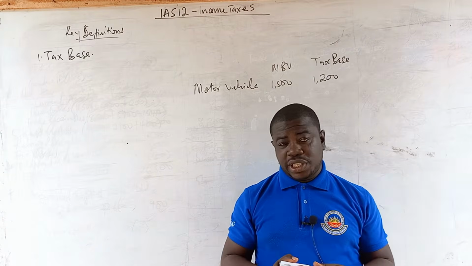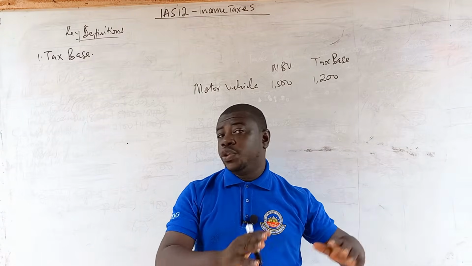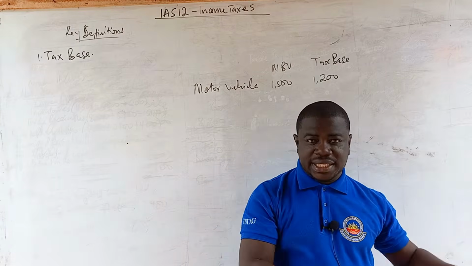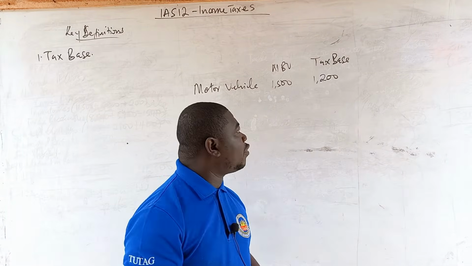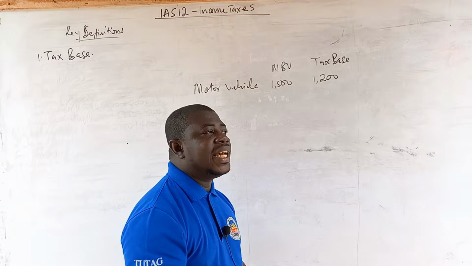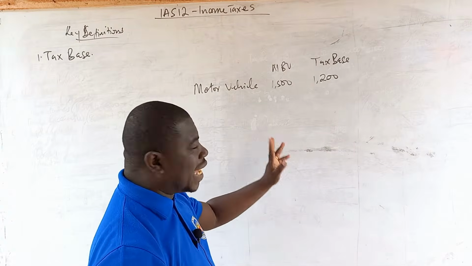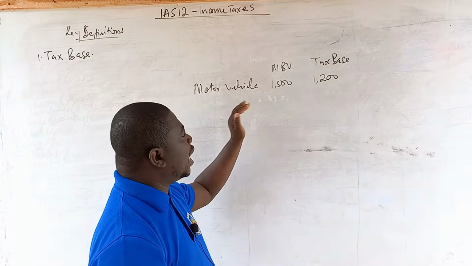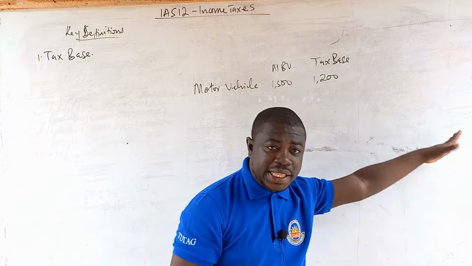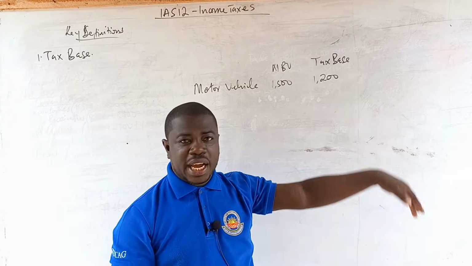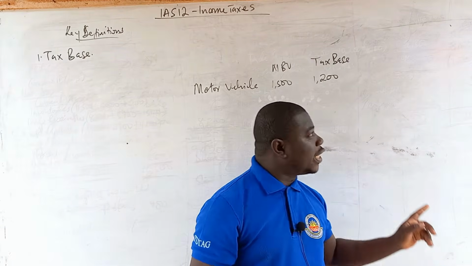We are not doing taxation here. We are not going to go into how they estimate tax. This is financial reporting. What we are trying to say is that the value that the revenue authority will assign, as simply as that, to the asset for the purpose of calculating or estimating tax, whether current or future taxes, is called the tax base.